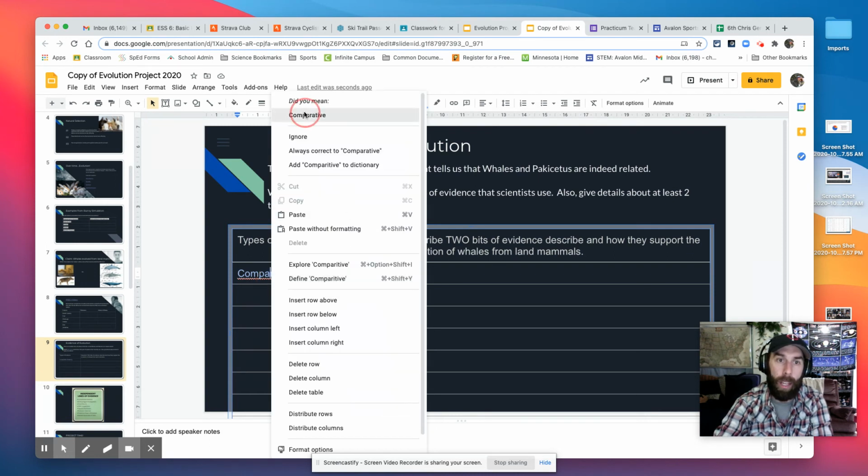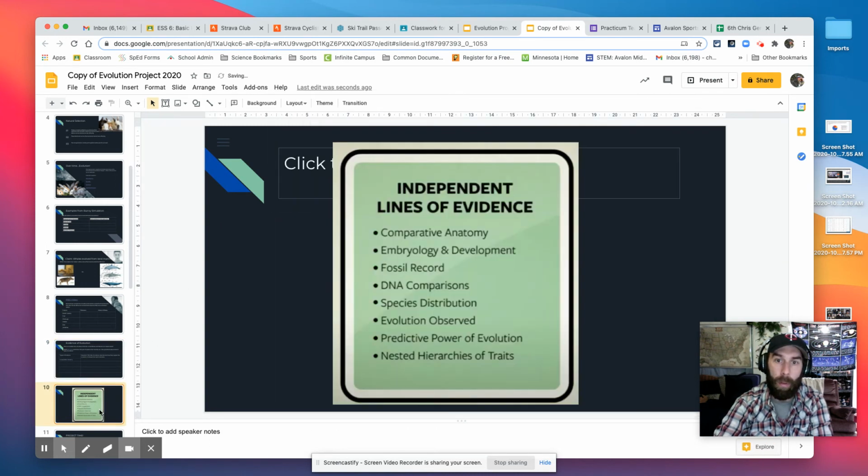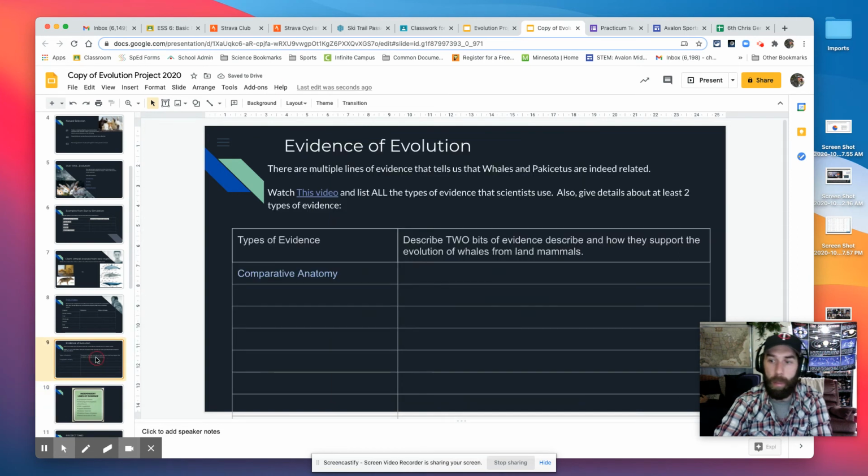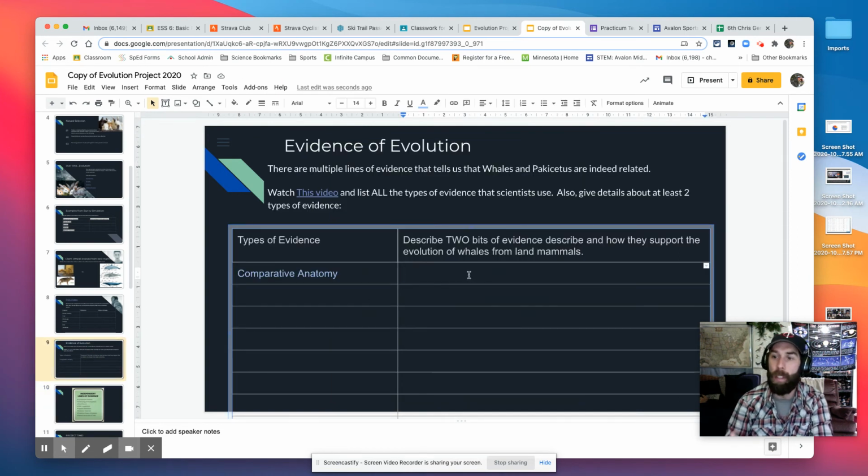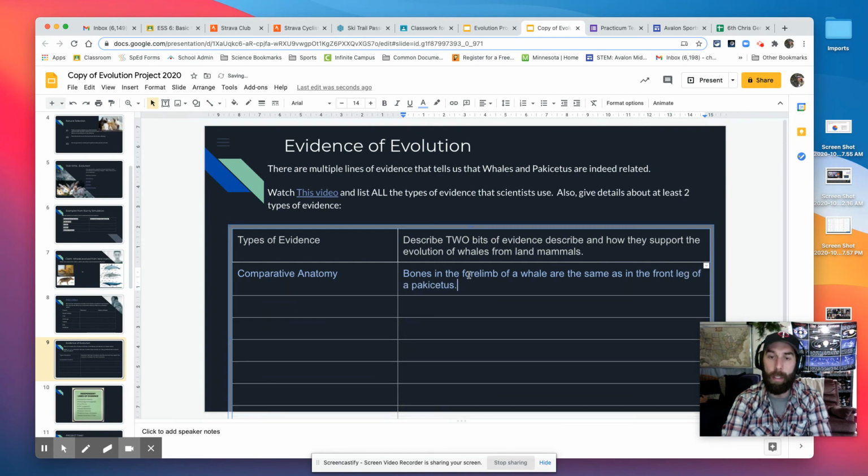So comparative anatomy sounds like a big word, but really all comparative anatomy means is looking at the physical features of the organisms, right? So bones in the forelimb of a whale are the same as in the front leg of a Pakicetus, right? So something like that.